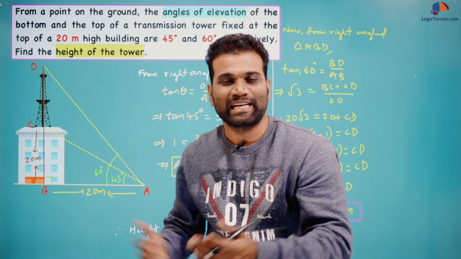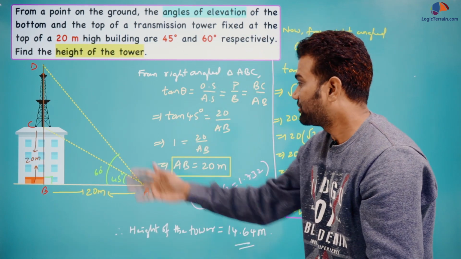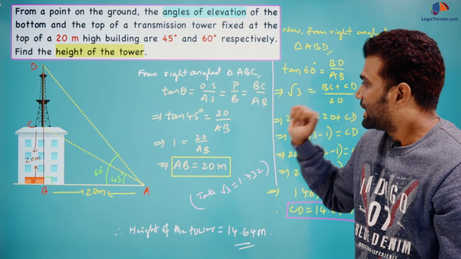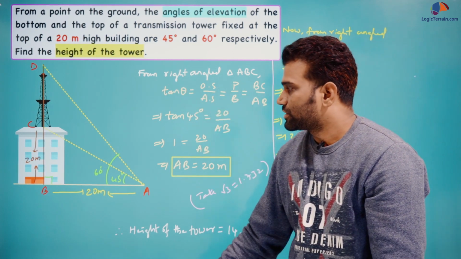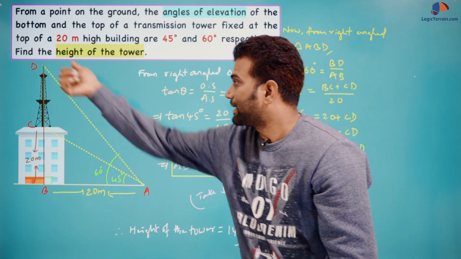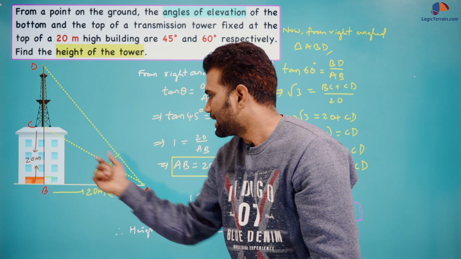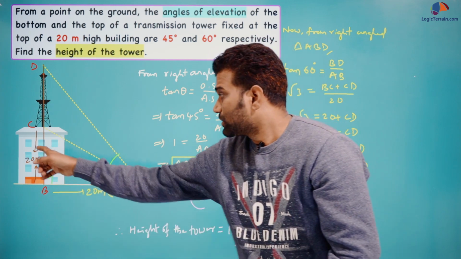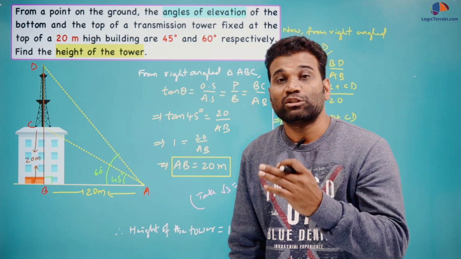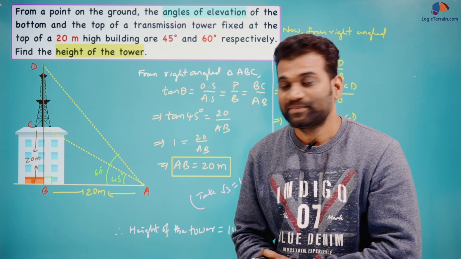Okay, again by using tan theta we will find the values here. So from right angle triangle ABC, tan 45 degrees is equal to, so first we require the base, to find this whole length. So tan 45 degrees means obviously whatever length you have here you will get the same, that is obviously an isosceles right angle triangle, right?